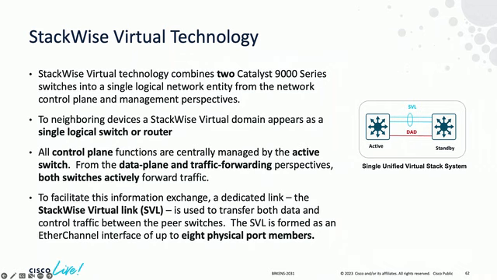By design, this link is used both for control plane and for data plane forwarding. But if we design our StackWise Virtual setup the right way, this link, no matter how many front panel ports we put there, normally will stay idle, not used, or used only for synchronization purposes.